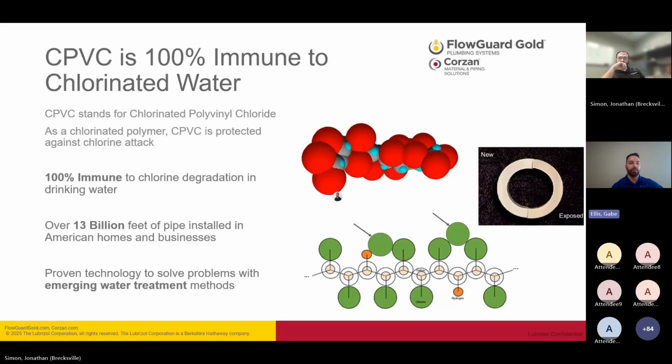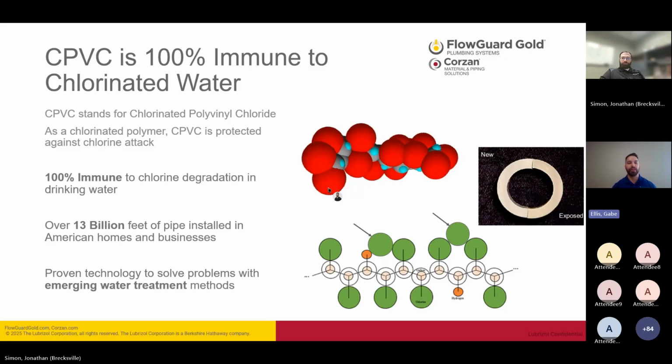As Jonathan touched on, let's go to the next slide here, the molecular makeup of cross-linked polyethylene with PEX. The CPVC is 100% immune to any chlorine-based disinfection in your drinking water. And you can even see in that molecular chain, because we specifically designed CPVC to have chlorine in it, those round green molecules representing chlorine bounce right off.